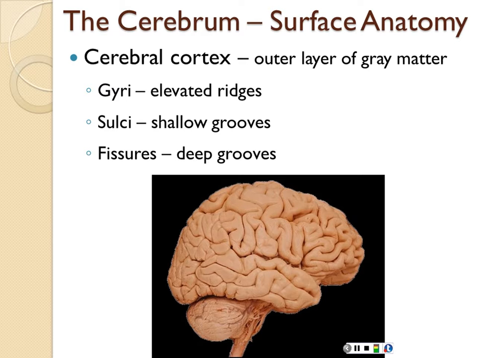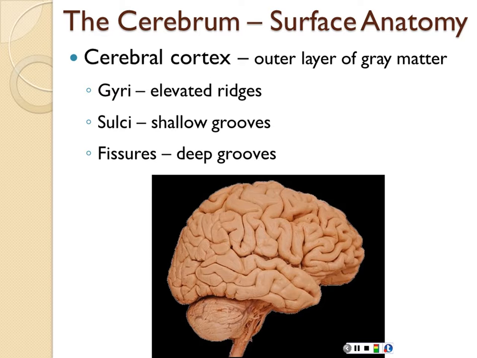When you look at the brain, the outer part of the brain has the creases. Those creases are referred to as sulci. Sulci is plural, so you'll usually see it as sulcus if you're just talking about one. You'll need to know the names of some of them. There's one called the central sulcus that we'll spend a lot of time talking about.